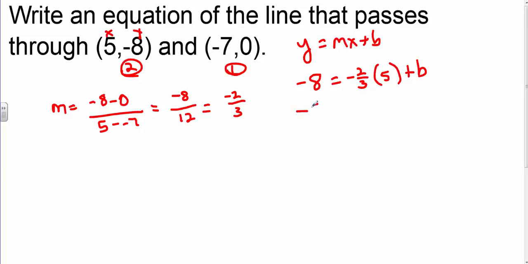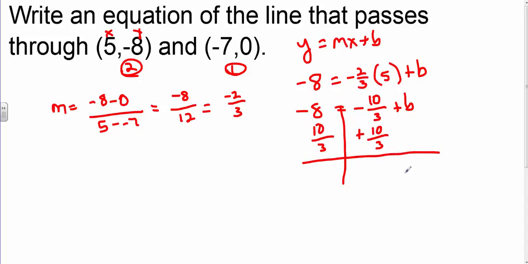So that gives us -8 is equal to, negative times positive gives us negative, 5 times 2 gives us 10 over 3 plus b. Draw a line, add 10/3 to both sides, and that gives us b is equal to -8 plus 10/3.